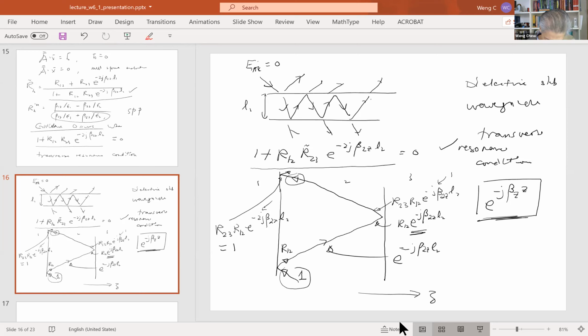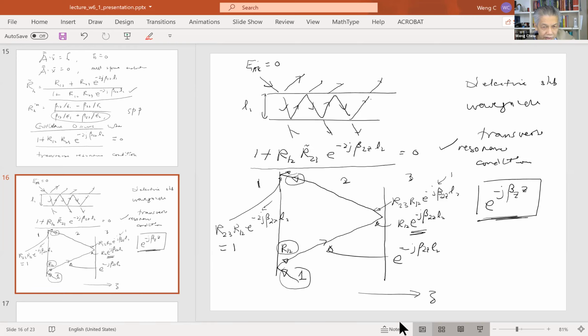I'm missing a sign error, because the reflection coefficient I have here is quite wrong. If this is medium 1, this is medium 2, this is medium 3, what reflection coefficient should I use there? Anybody?